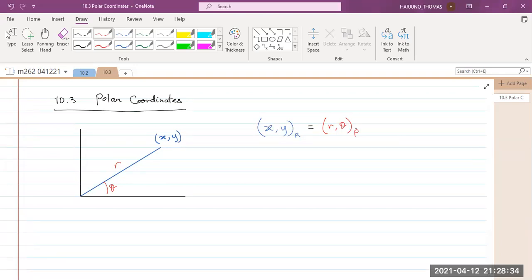Okay, we will learn the conversion first. Now it is by doing the following. The length here will be y and this is x. So we can see that x is equal to r cosine theta. The y is r sine theta.